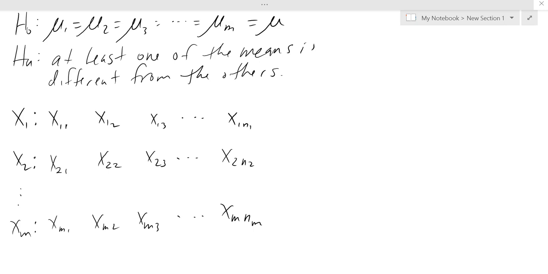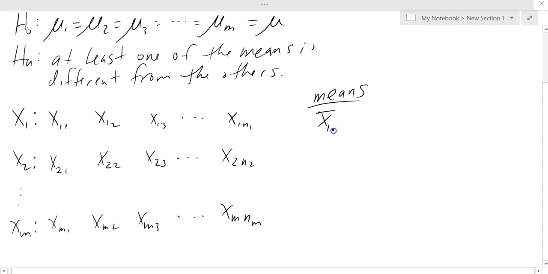All right, for each of these categories, we can take a mean. Because again, we're trying to test whether or not the means are equal to each other or at least one's different. So we might want to know what the mean is for each of the samples. So we'll have an X1 bar, and the notation is stupid, but we're stuck with it because it's what everybody uses.